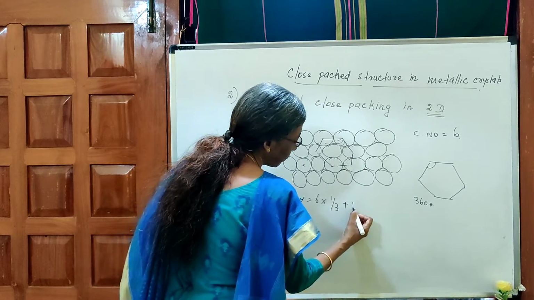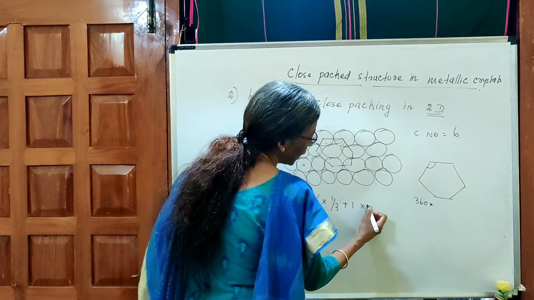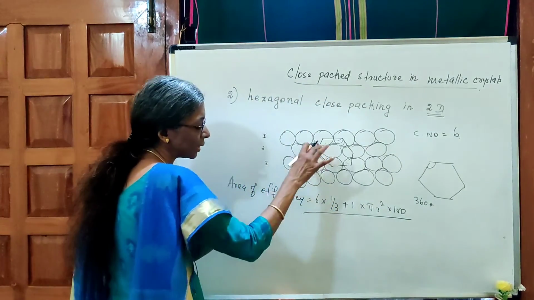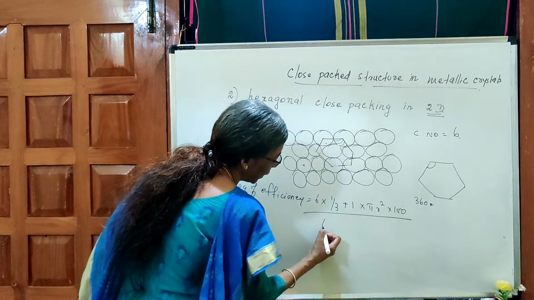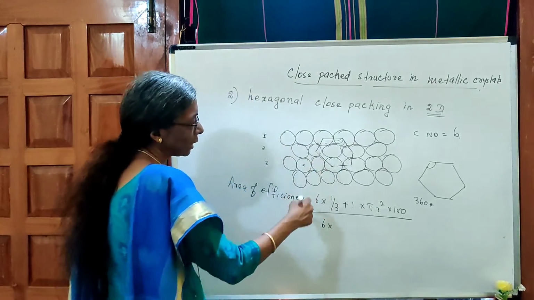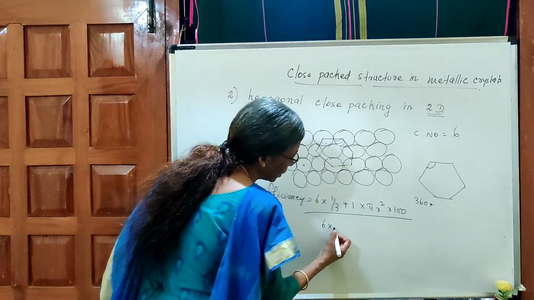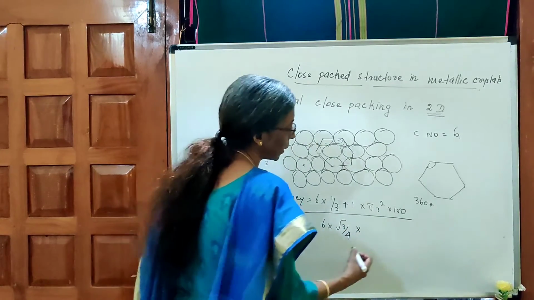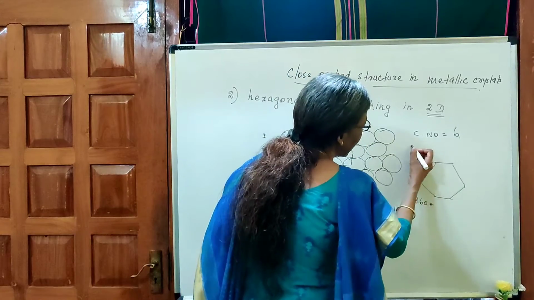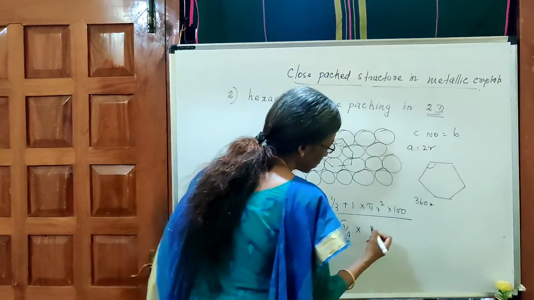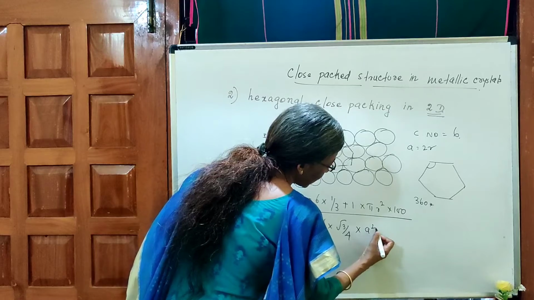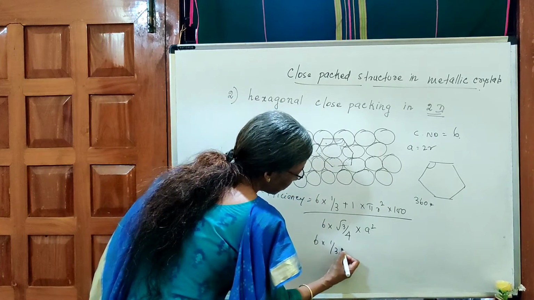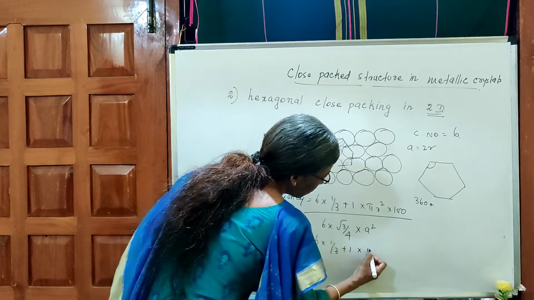So it is 1 into pi r square into 100, because we see it as a circle, divided by the hexagon area, 6 into root 3 by 4 into a square. Here a is equal to 2r. So a square, what will come here? So 6 into 1/3 plus 1 into pi r square.